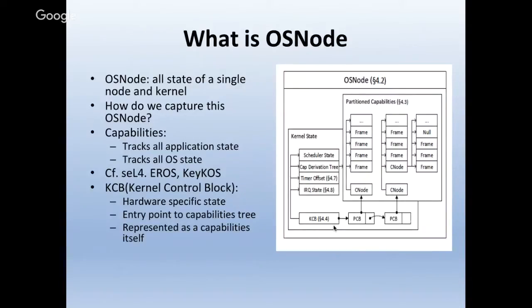We still need to be able to reach this structure and pass it around our system. Therefore, we add a KCB, or kernel control block. The KCB combines some state that doesn't need to persist across kernel restarts. The KCB is also a capability itself. It means we now have a representative handle in the system to move the entire per-core state around.